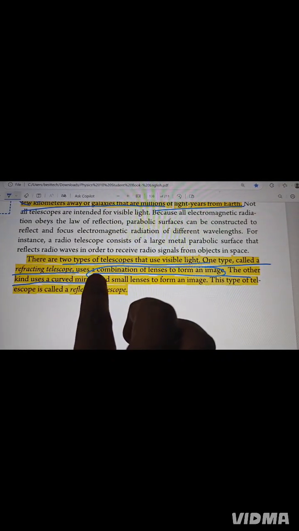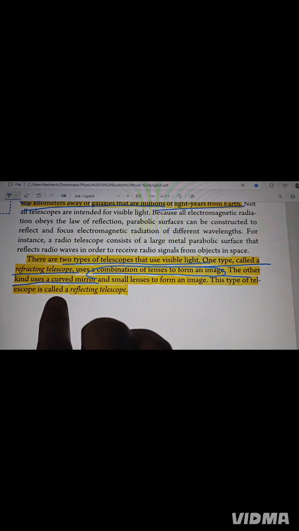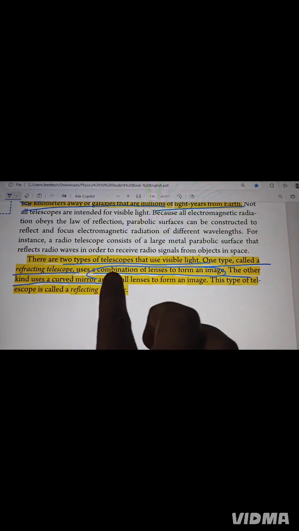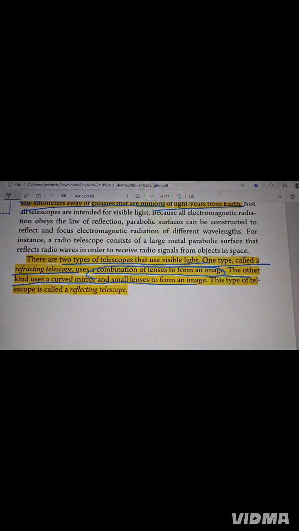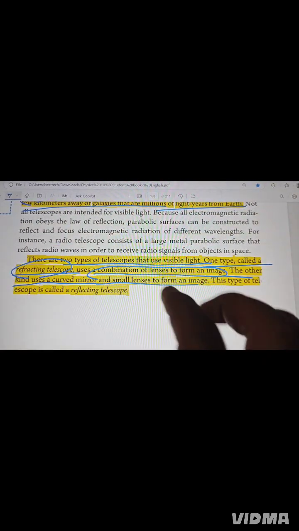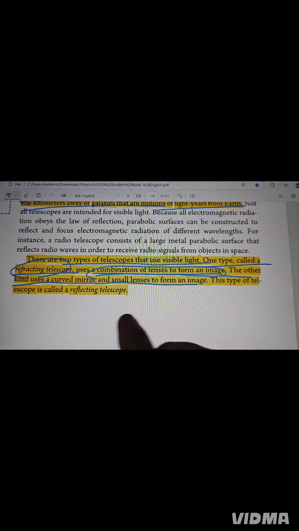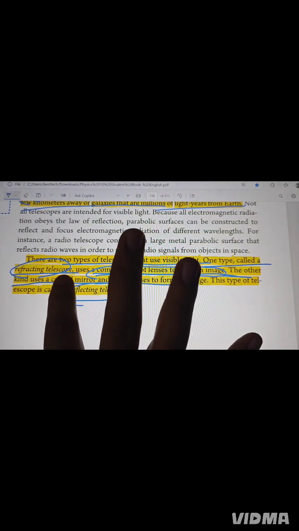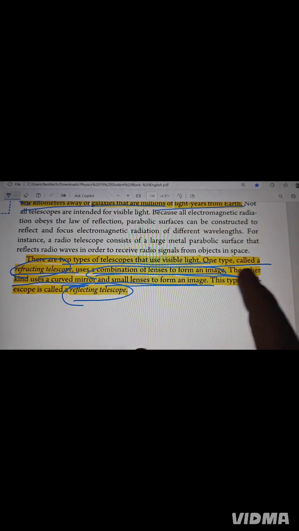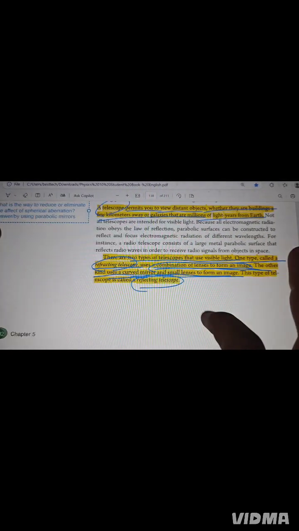The other kind is the reflecting telescope, which uses a curved mirror and small lenses to form an image. So you have two types: refracting telescope and reflecting telescope.